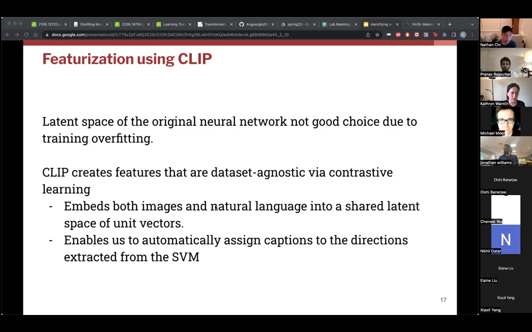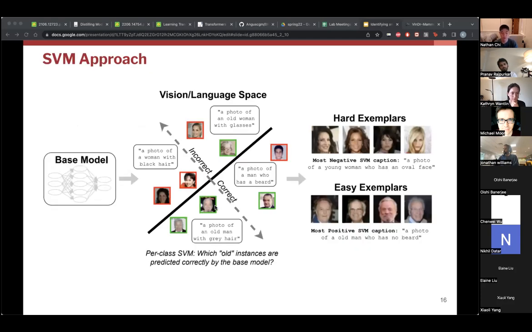to directions extracted from an SVM that is learned for a particular label, and basically identify, okay, if we're looking at old versus young, then maybe on the young side of the boundary the secondary text label that we're going to generate is going to be something related to woman or girl.